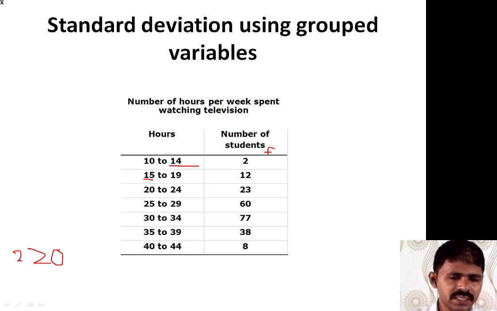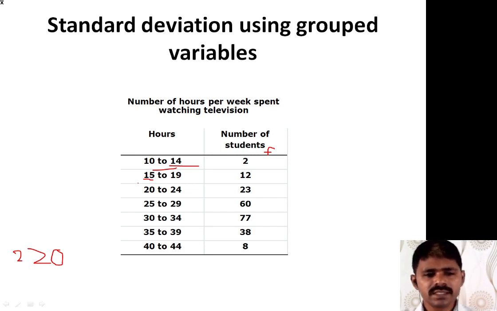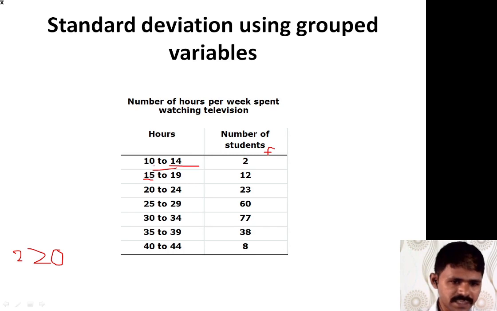So there is no continuity here: the previous class ends with 14, and the next class starts with 15. To equalize it, we have to subtract 0.5 from the lower limit and add 0.5 to the upper limit, for all the classes.